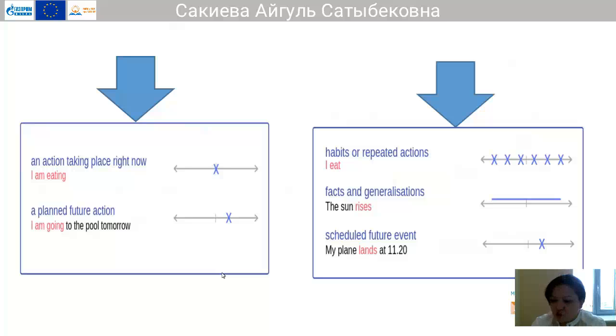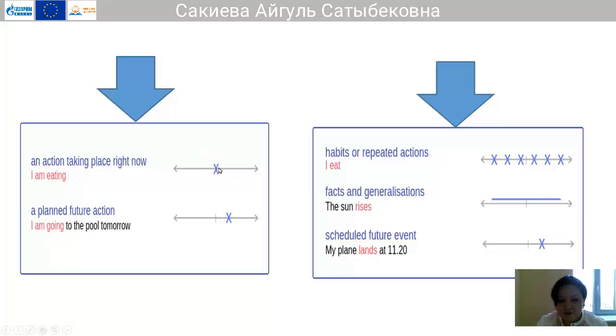Okay, we have just talked about actions, right? The actions which are happening right now or around right now, around present time, like today, this week, this year, for example, and they are not finished.